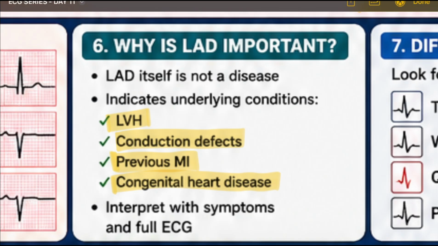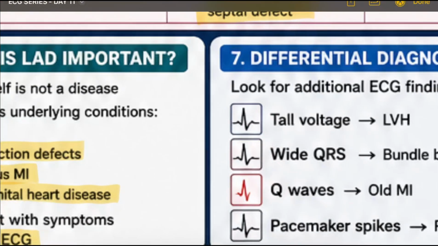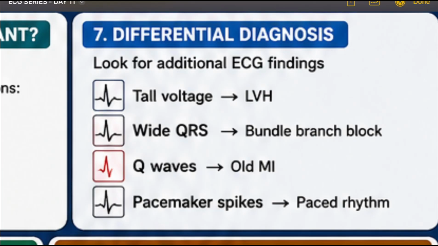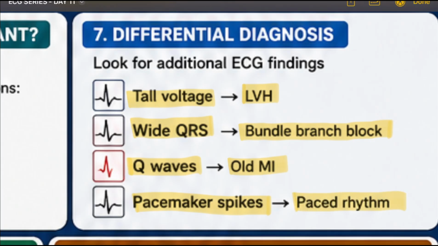Always interpret left axis deviation with the patient's symptoms and the rest of the full ECG. Okay, so we have some differential diagnosis. Whenever a patient has left axis deviation, we have to look for additional ECG findings: tall voltage means left ventricular hypertrophy, wide QRS means bundle branch block, Q waves mean old myocardial infarction, and pacemaker spikes mean paced rhythm.